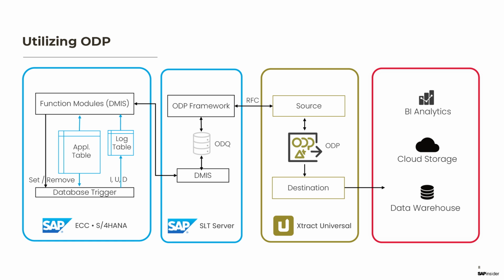One important thing to note here is that all of these changes are tracked at the database level, at the table level. However, when our tool actually pulls the data, it will pull over RFC protocol. This is important because instead of pulling directly from the database, you're pulling this data over RFC in the context of an SAP user.